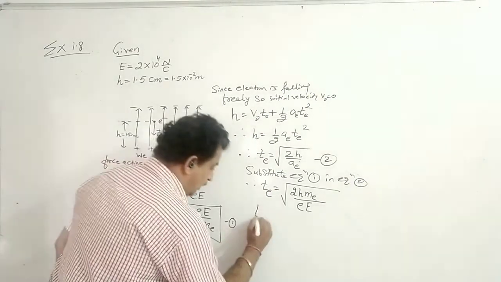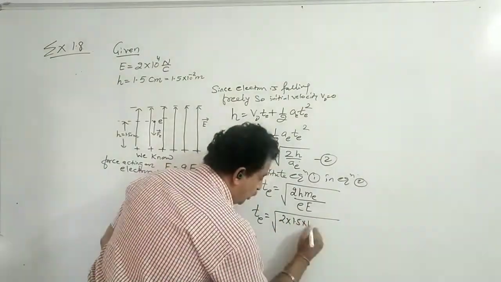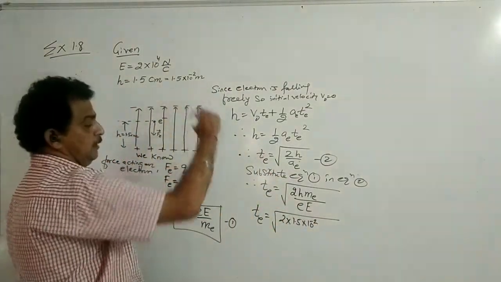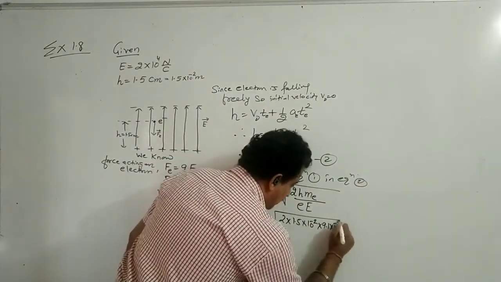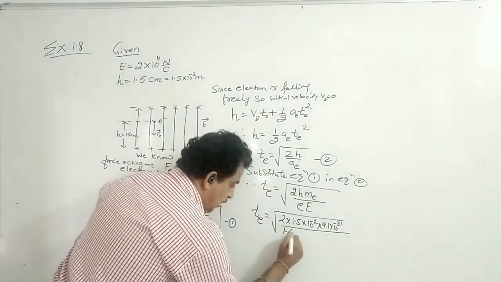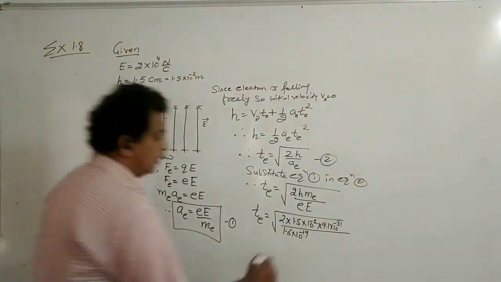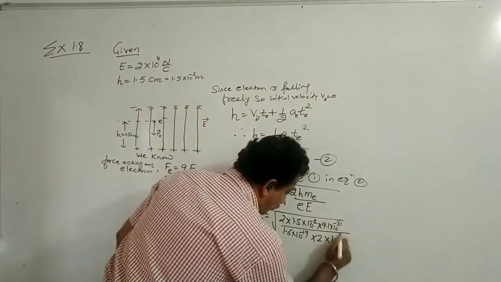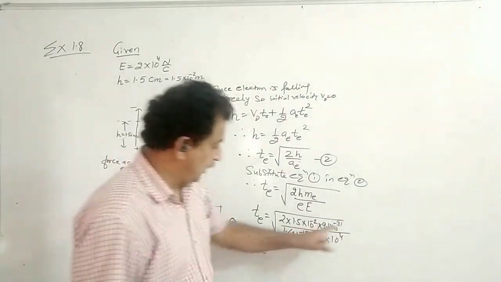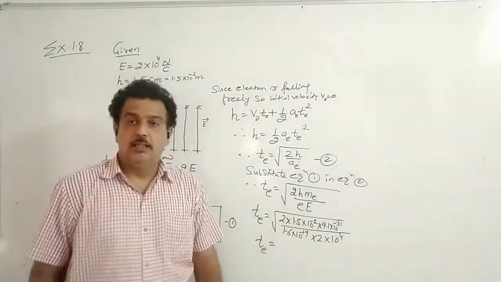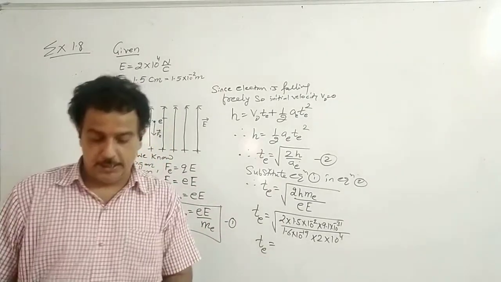So I substitute all these values. t_e is equal to under root 2 into h, which is 1.5 into 10 raised to minus 2 meter, mass of electron we know 9.1 into 10 raised to minus 31 kg, divided by charge of an electron, that is 1.6 into 10 raised to minus 19, and the electric field is 2 into 10 raised to 4. Now equating the powers and other terms, I can find out this value with the help of a calculator.